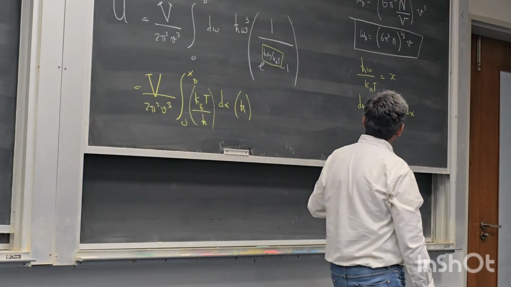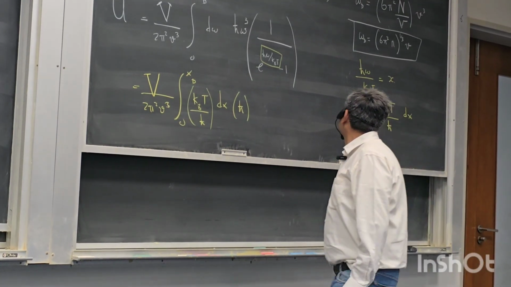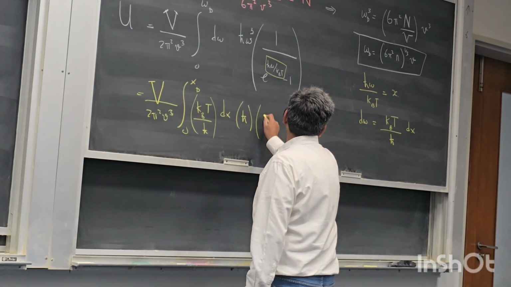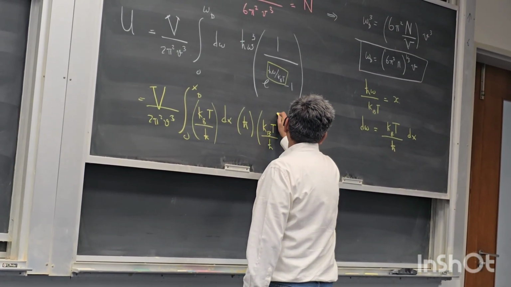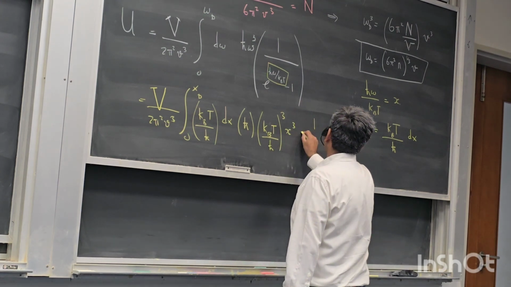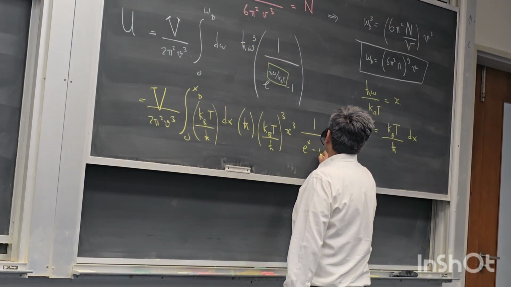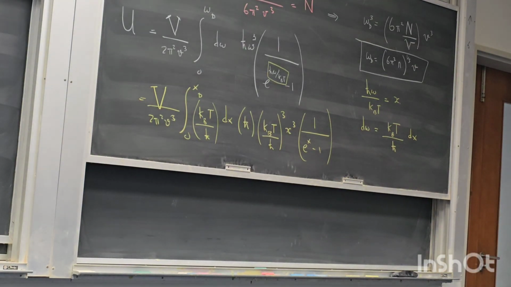Omega cube is kBT over h bar cube x cube. Right, so this is my total energy.